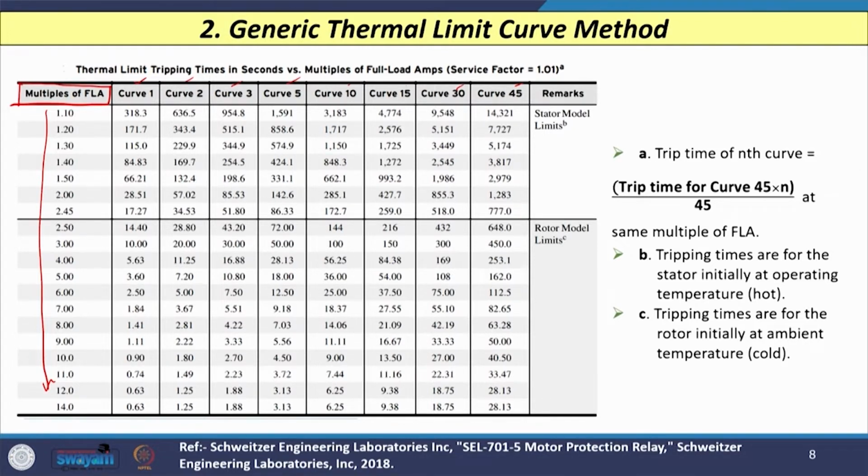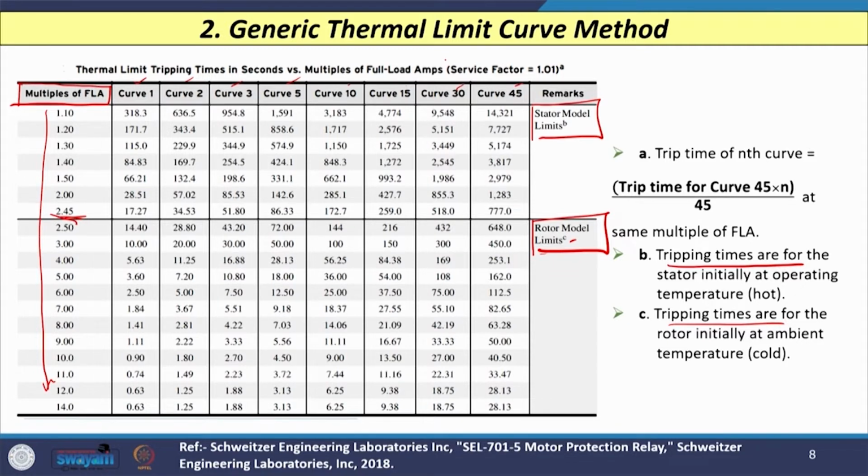If I consider the last column, that is the remark column, then you can see that the stator model limits are given up to 2.45 FLA, and beyond that, when your FLA becomes 2.5 to 14, then the rotor model limits are given. Here, the stator model limits are nothing but the tripping times for the stator initially, when the motor is operating in hot condition, whereas the rotor model limits are the tripping times for the rotor initially at ambient temperature, when it is in cold condition.